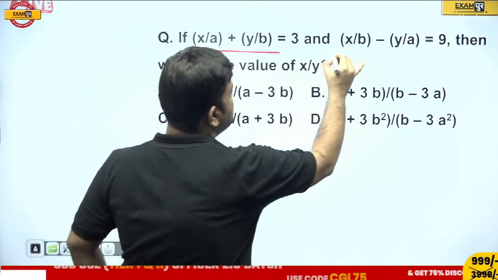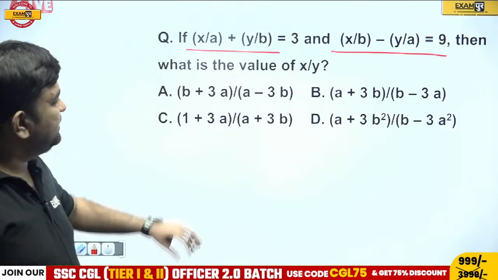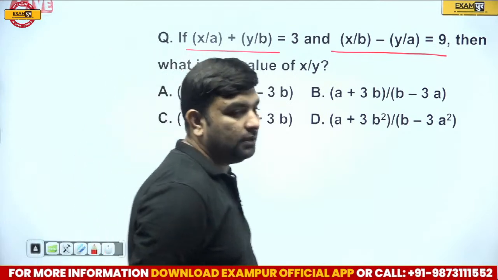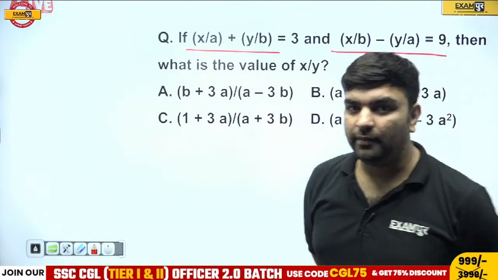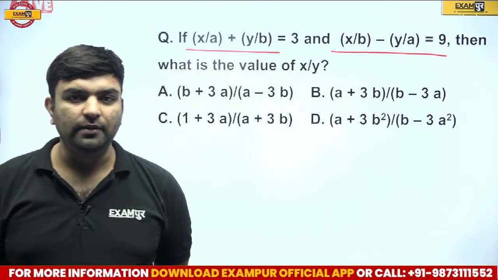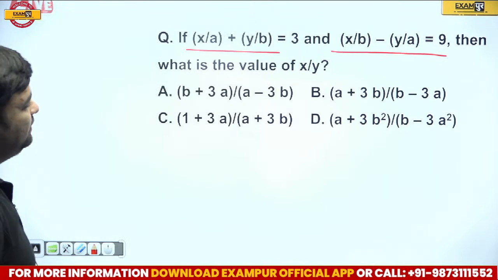One equation, two equations, 3 variables, 4 variables, guys. 2 equations, 4 variables: x, y, a, b.